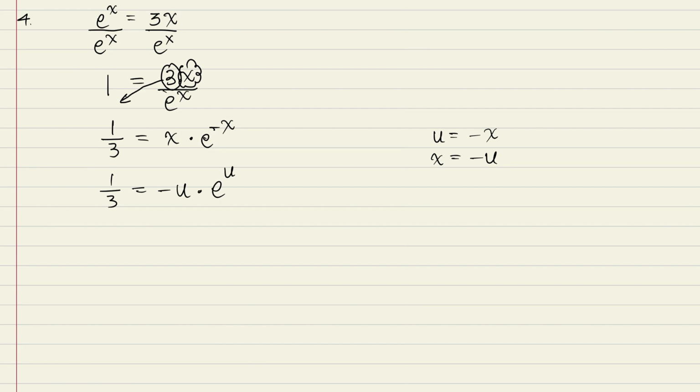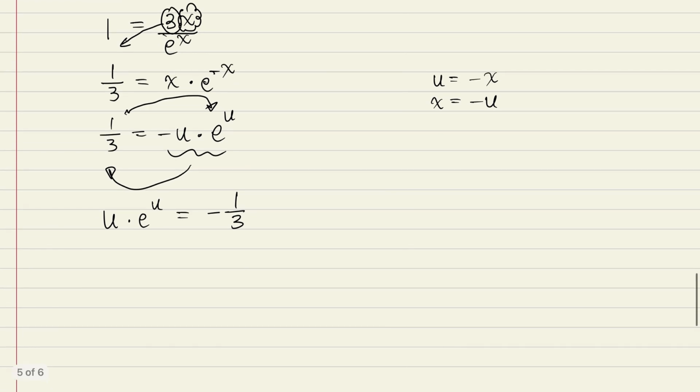Now let's switch them. So I'll take this entire thing across there, and move this entire thing across here. So I'm going to have u multiplied by e to the u is equal to minus 1 over 3. And this is good because now we've got it in the correct form.